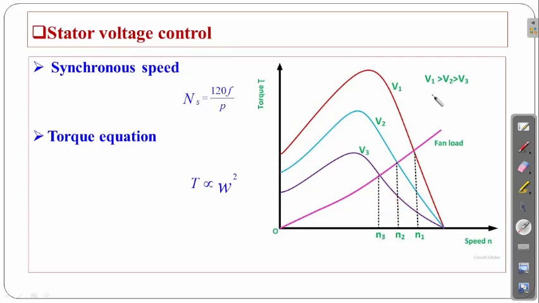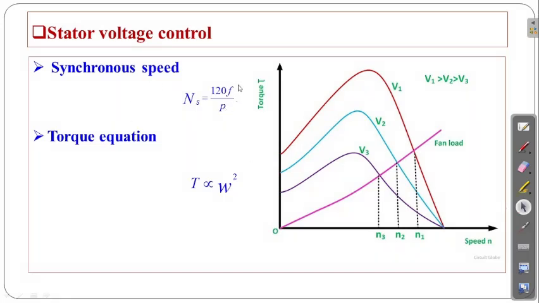The main concept here is that voltage V1 is greater than V2, and V2 is greater than V3. This is the stator voltage control. If the frequency is high, the speed will also be high. The speed varies with the effect of the frequency.